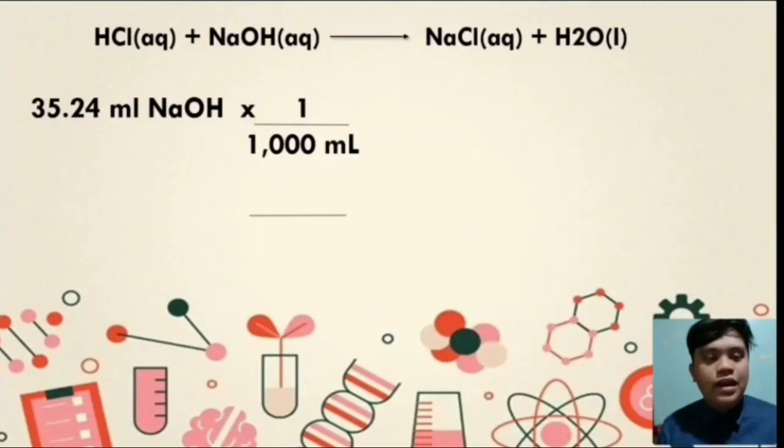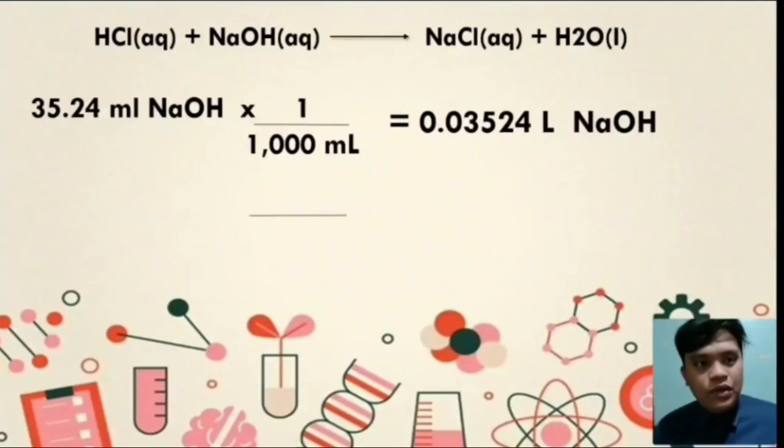We have 35.24 mL sodium hydroxide times 1 over 1000 mL. So we need to convert to liters. So what we got is 0.03524 liters sodium hydroxide.